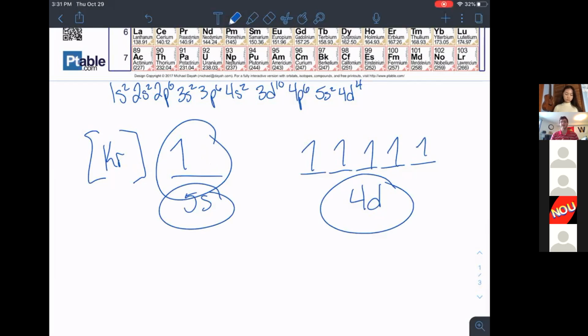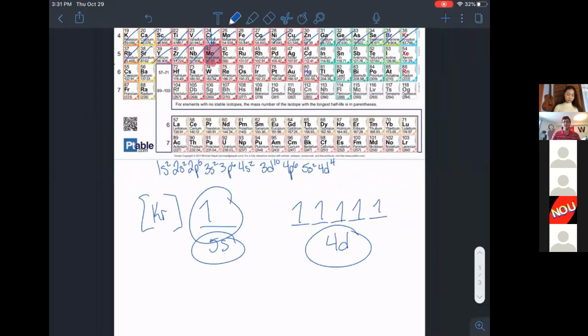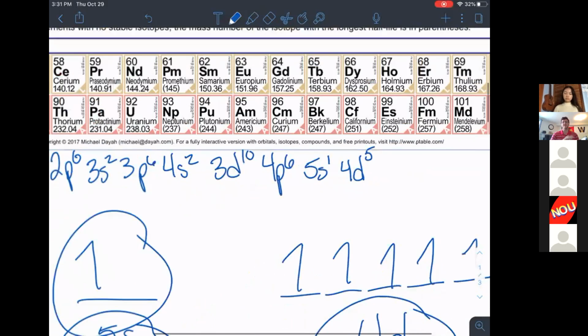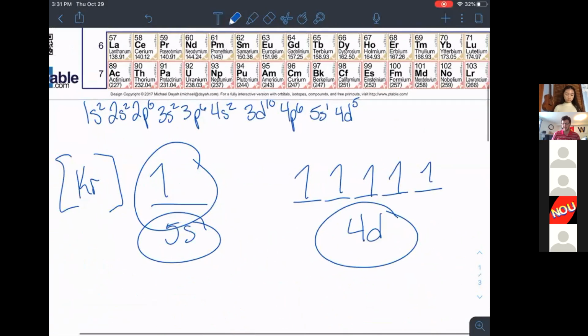So it's going to be one of our special ones that's going to be 4d5 and 5s1. So we're going to change this to a 1 and this to a 5. Because it'd rather have 5 in the d and 1 in s than 2 in s and only 4 in our d, and leave this one blank. It wants that one filled.